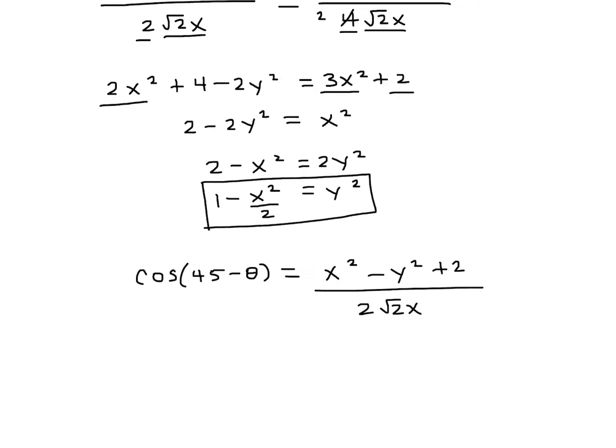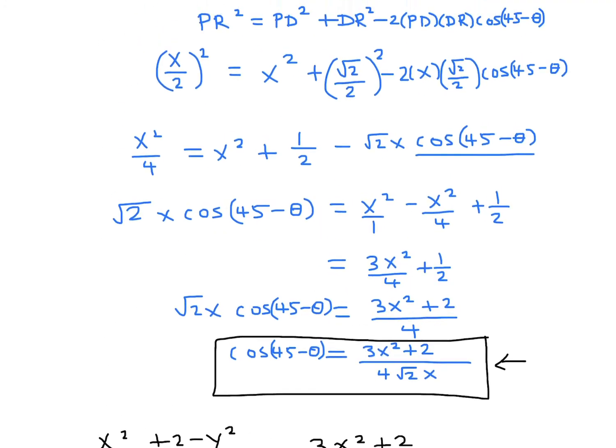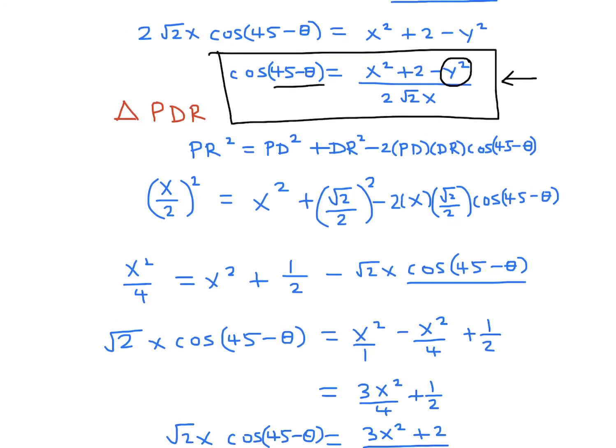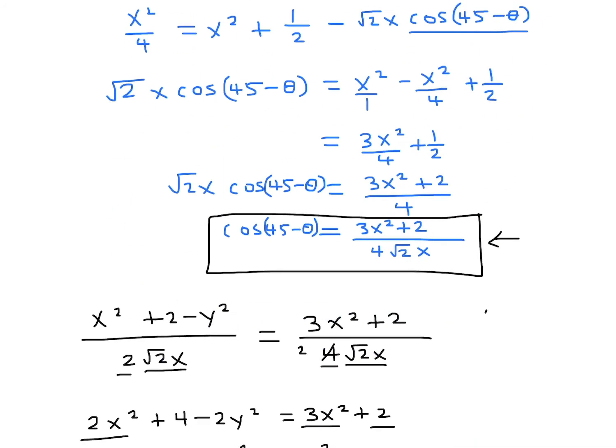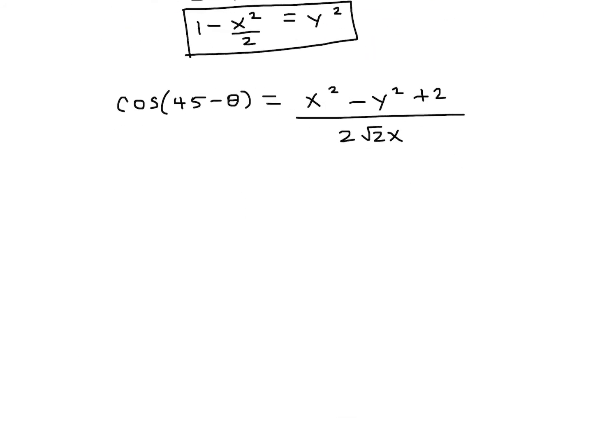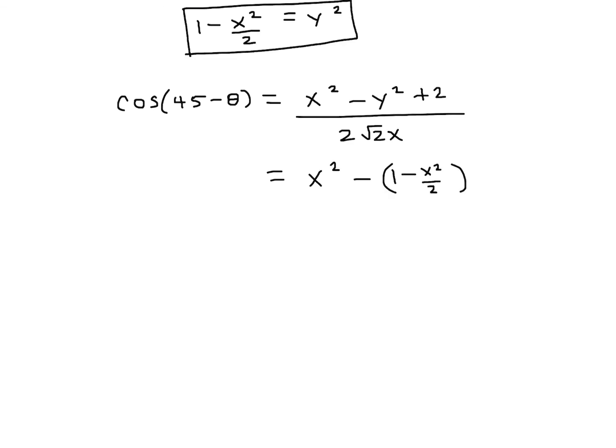Okay, good. I didn't miscopy it. That'd be the ultimate nightmare. All right, so now let's plug in this value of y squared. So we got x squared minus 1 minus x squared over 2 plus 2 all over 2 root 2x.